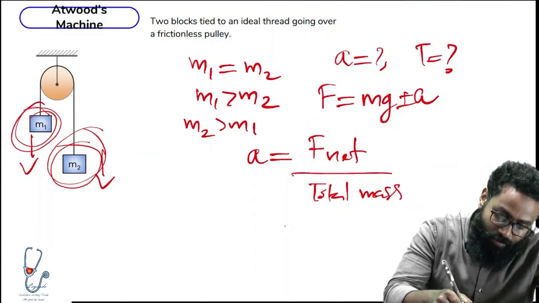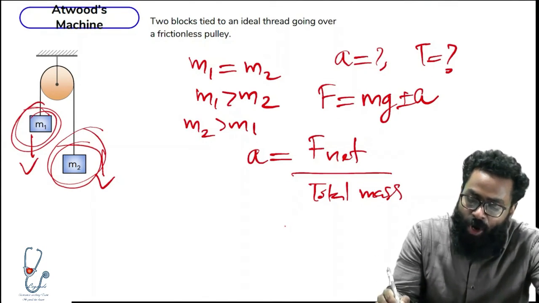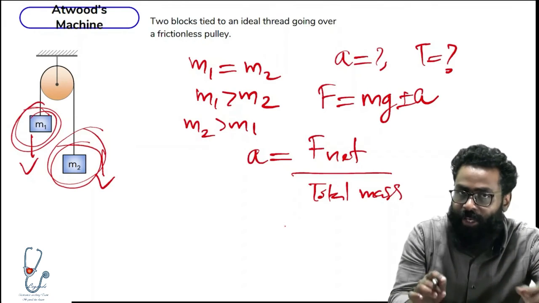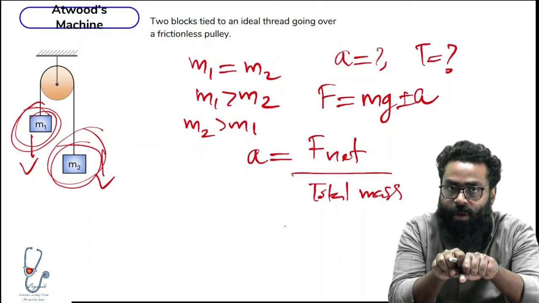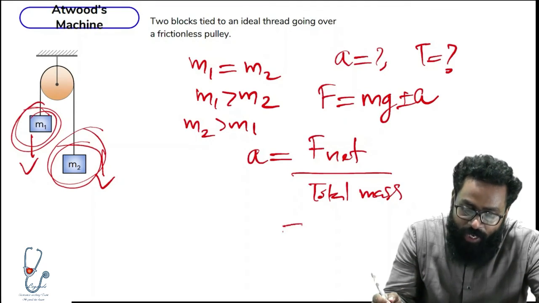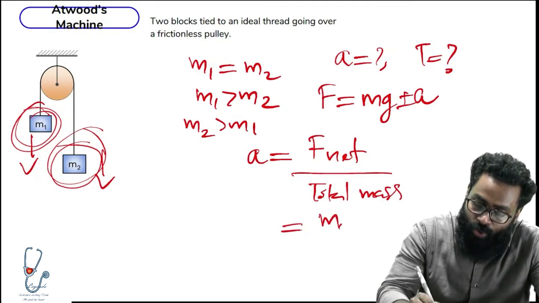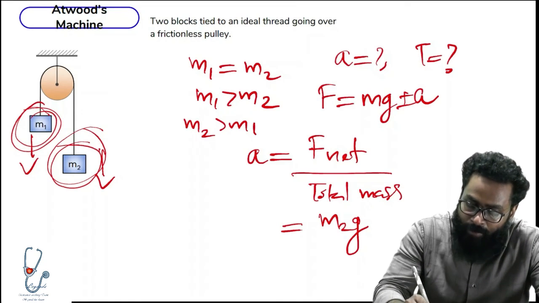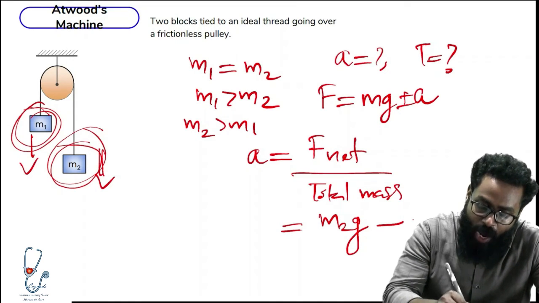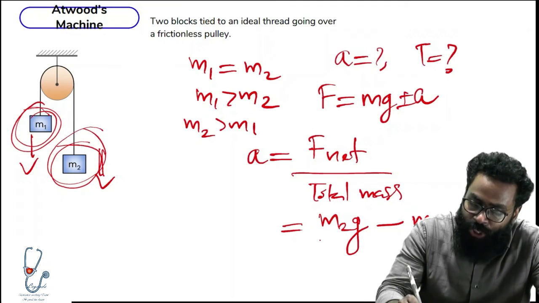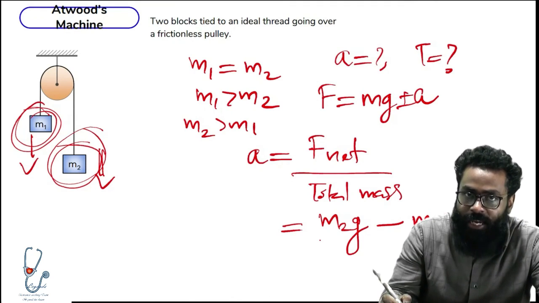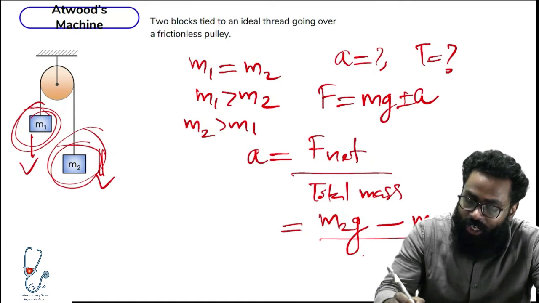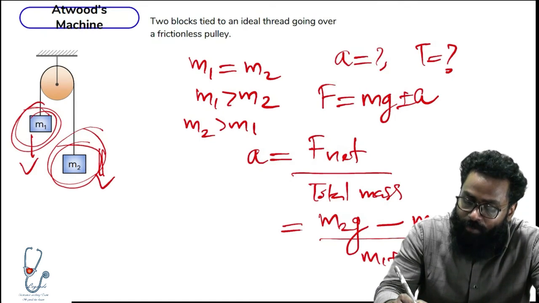The net force is m2g minus m1g, divided by m1 plus m2.